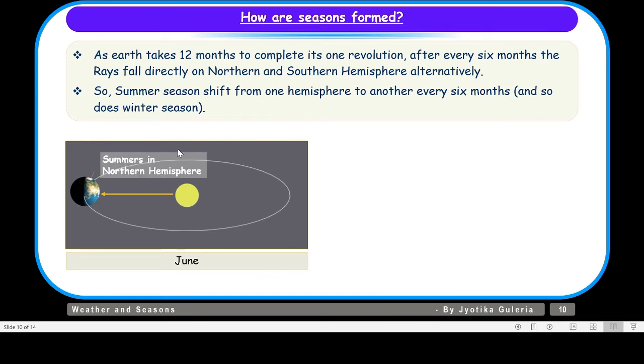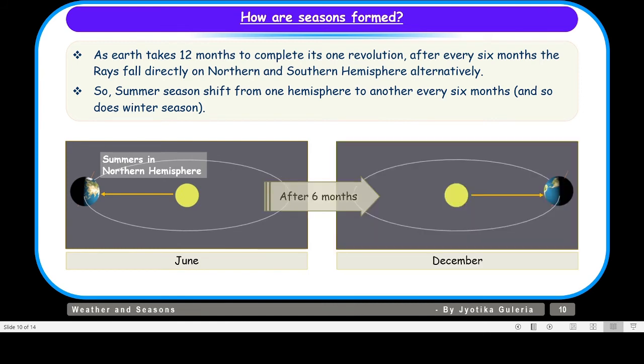So children, while revolving around the sun after 6 months in the month of December, the southern hemisphere will be tilted towards the sun, and now the southern hemisphere will receive more direct rays of the sun as compared to the northern hemisphere. Therefore, southern hemisphere will experience summer season and northern hemisphere will experience the winter season.